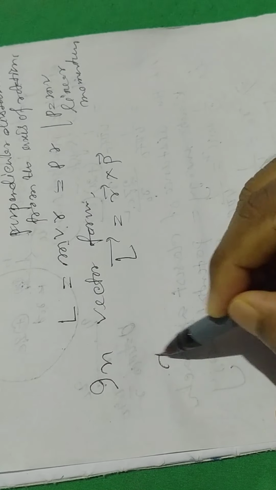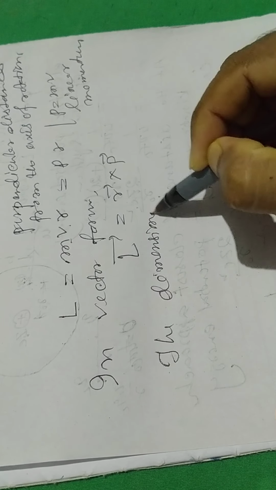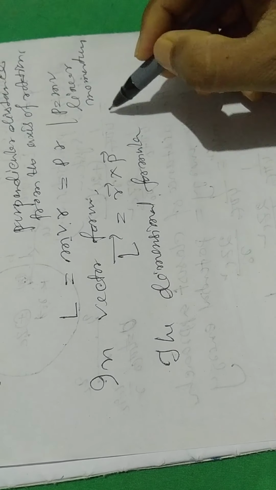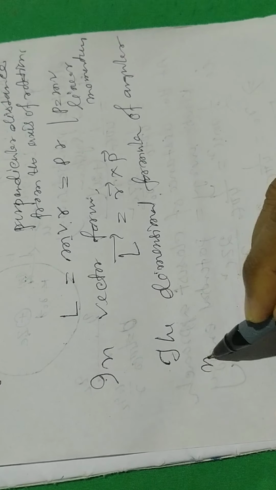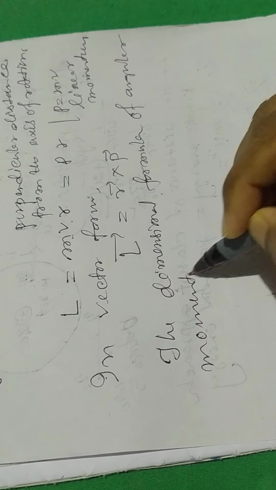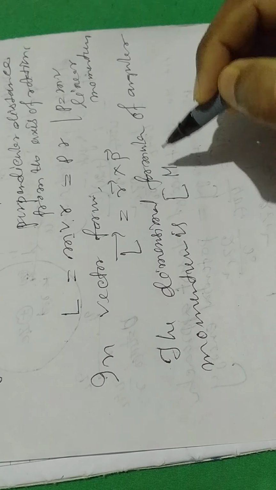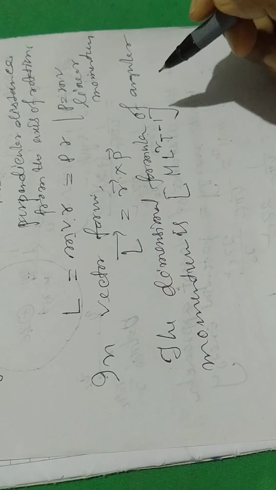The dimensional formula of angular momentum is M L square T to the power minus 1.